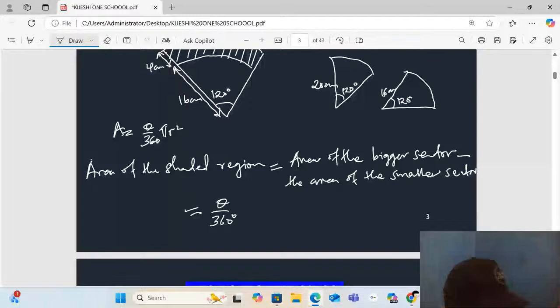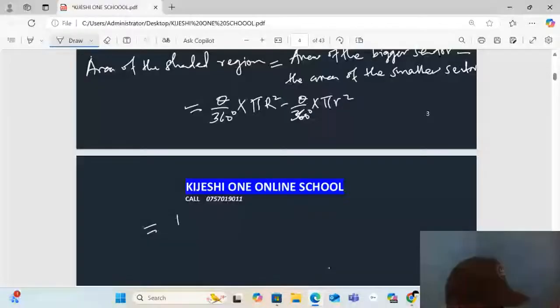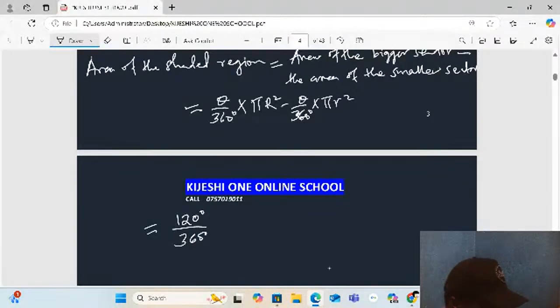We have the bigger R now over 360 degrees R of the shaded. Now, common theta. Therefore, we have 120 degrees divided by 360 degrees times theta.